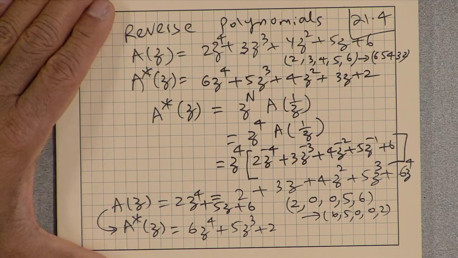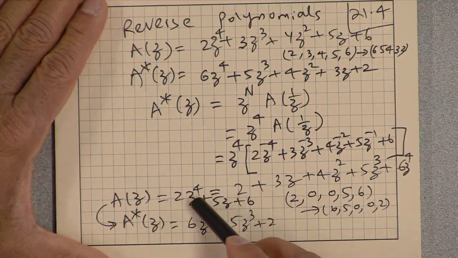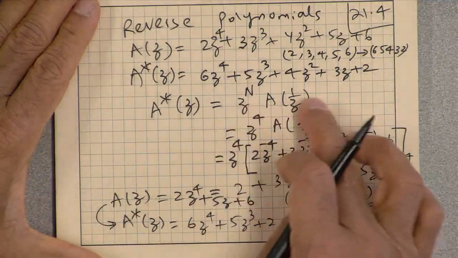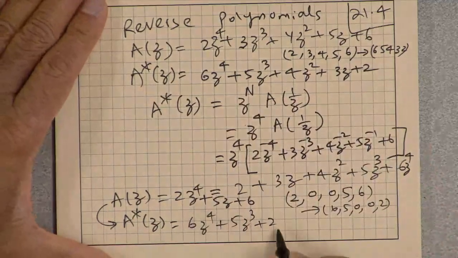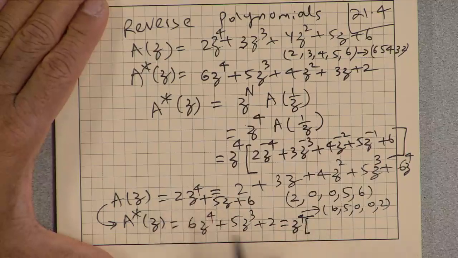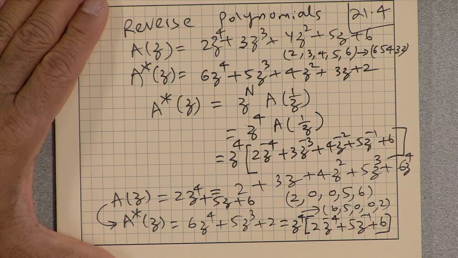If just manually writing down the coefficients in reverse order, and if some of the coefficients are 0, then we need to be careful in how we reverse. But this is always true. So if I took that as z to power 4 times, replace z by z to power minus 1, 2z to power minus 4 plus 5z to power minus 1 plus 6, and then you can see that z to power 4 minus 1 is 5z cubed.